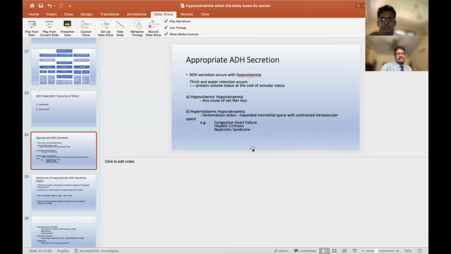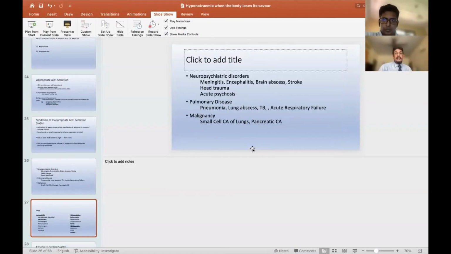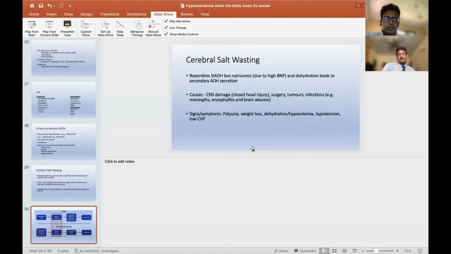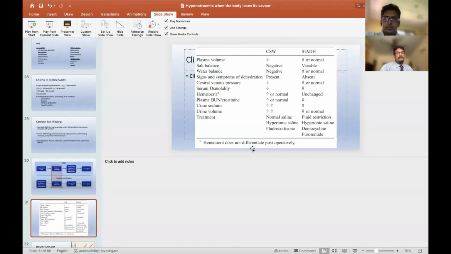So the main thing is that SIADH is a euvolemic state, whereas cerebral salt wasting is a contracted or dehydrated space. But sometimes it's not very clear how to differentiate these 2 entities. More common in your clinical practice is SIADH.